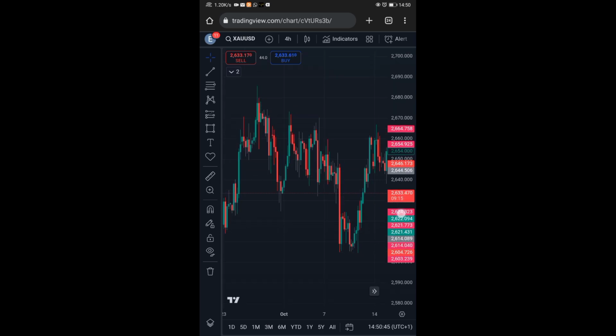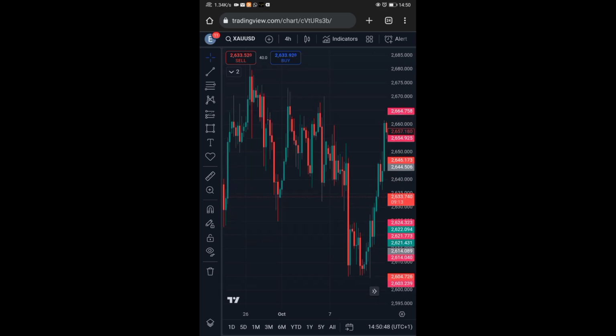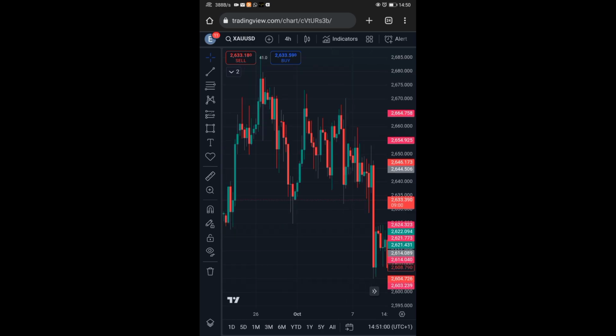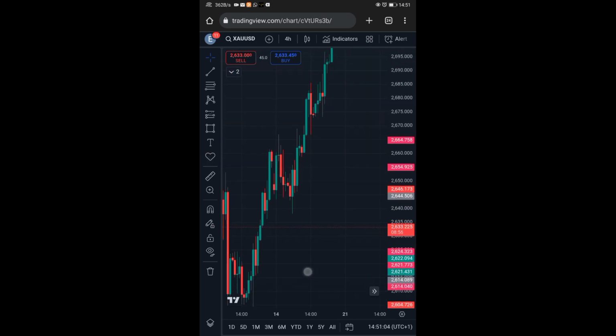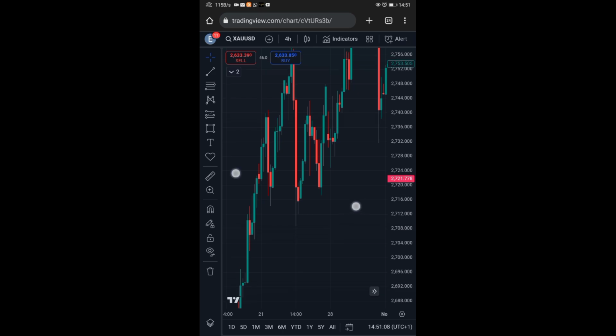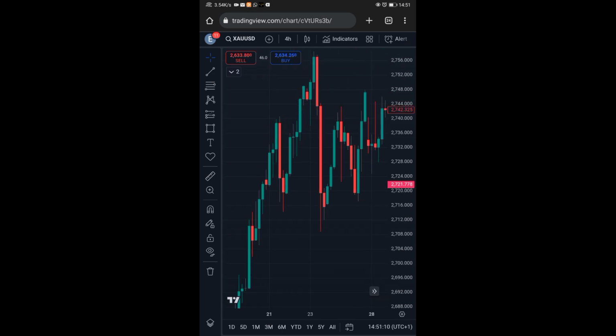Right here again on my H4, like I said, a liquidity grab, and we have to take our entry. So here, let's go here. Okay, here. So right here we have another example.